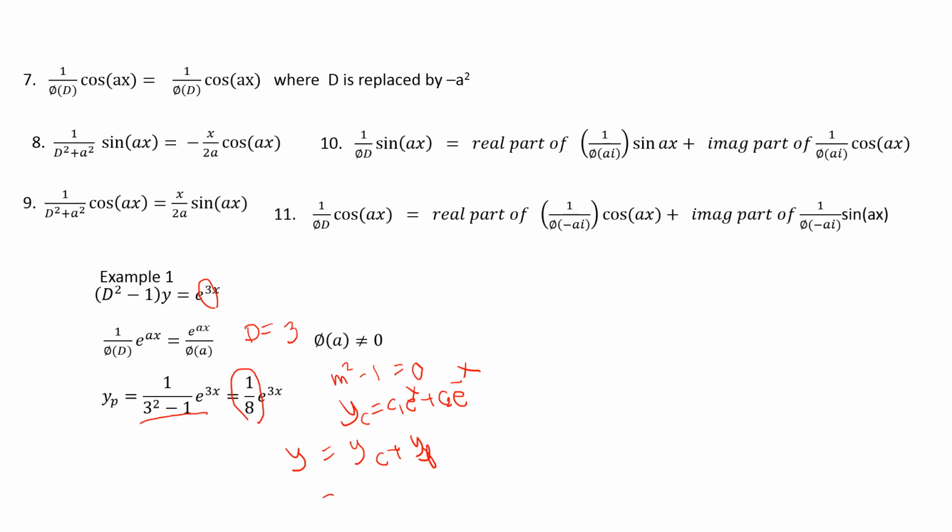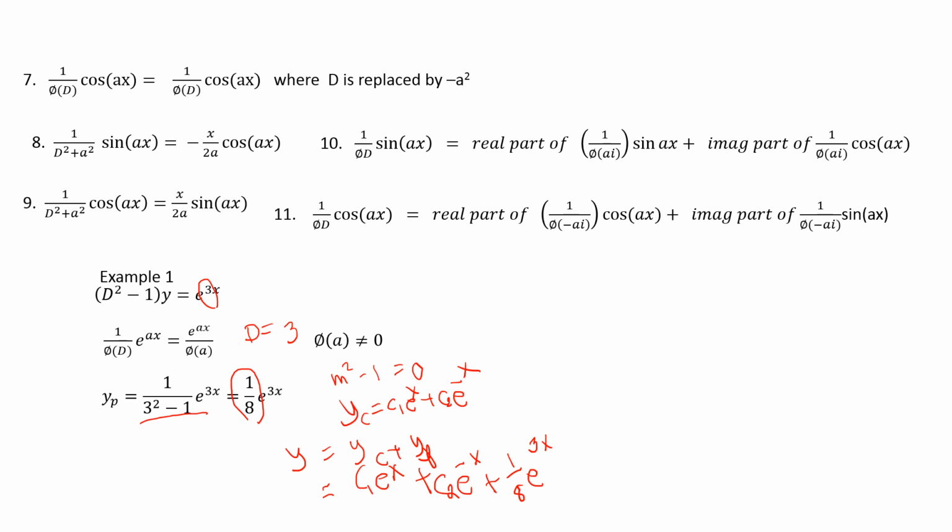So this gives you c1 e to the x plus c2 e to the negative x, plus 1 over 8 e to the 3x.